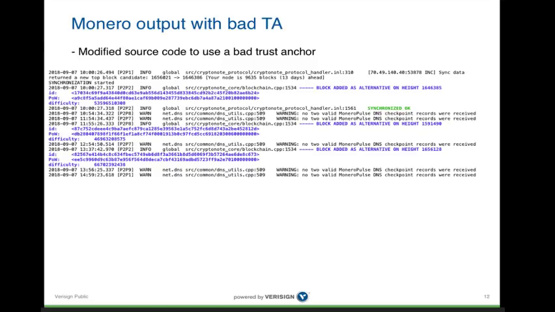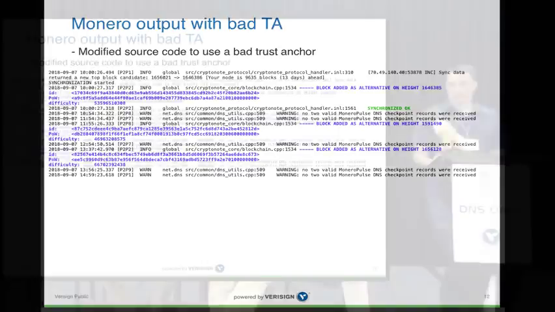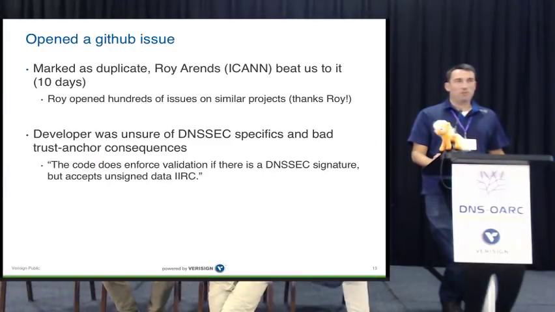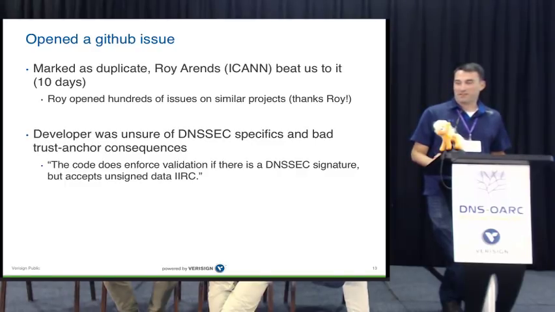So there's some logs here. You can't really see it too well, but basically what it's saying is there were some complaints about DNSSEC checkpoint records were received, no two valid records. So that's where it was doing DNSSEC validation. So we opened up a GitHub issue, and they told us, sorry, it's already a duplicate of another issue. We looked at that issue, and we've been outscooped by Roy Ahrens by 10 days.